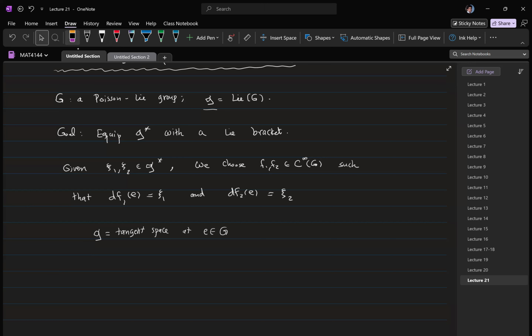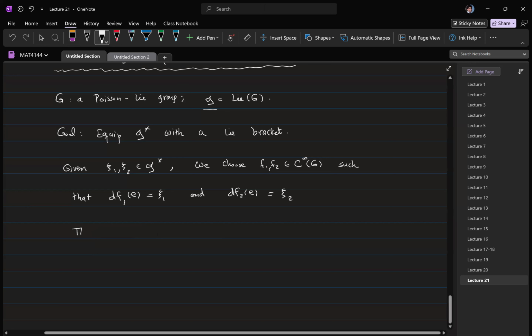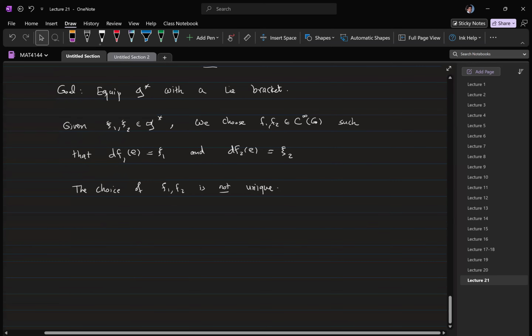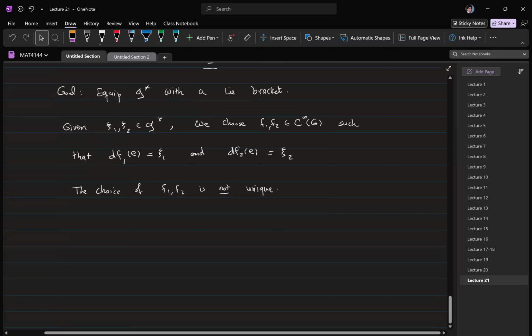So note, maybe I should say that the choice of F1 and F2 is not unique. Okay, so there is some redundancy. You have to make sure, if you want to define the bracket of C1 and C2, that it is well defined. So what do we do though?